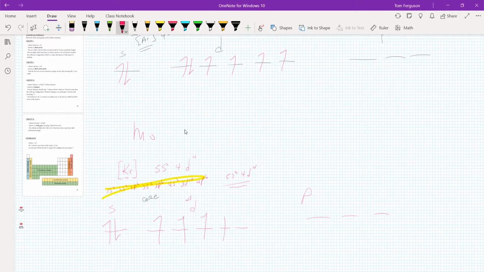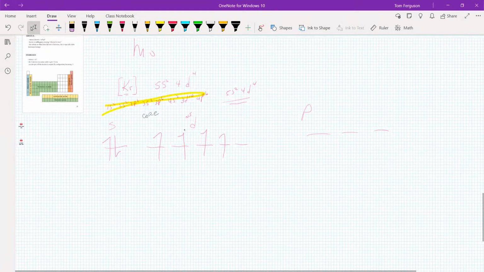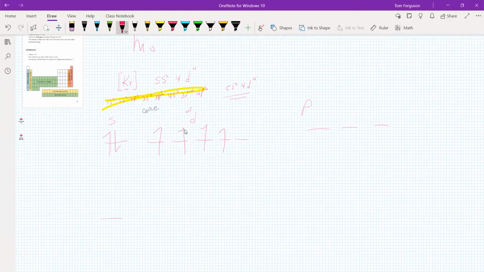Okay, so we're looking at 2 s's and 4 d's. I notice we have an empty d orbital there. So let me ask you, which do you think is more stable, the top or the bottom one?